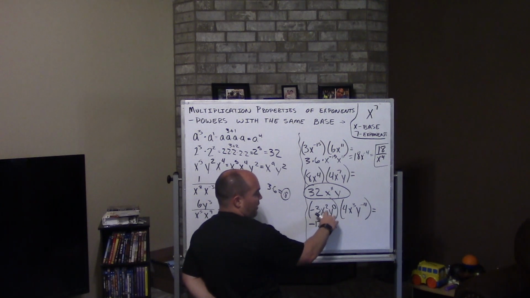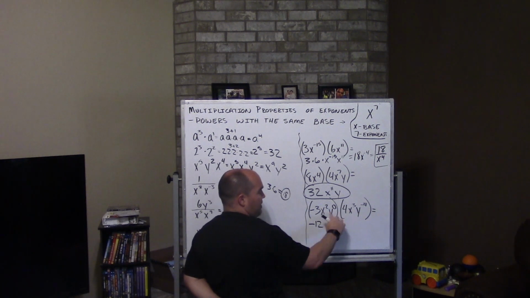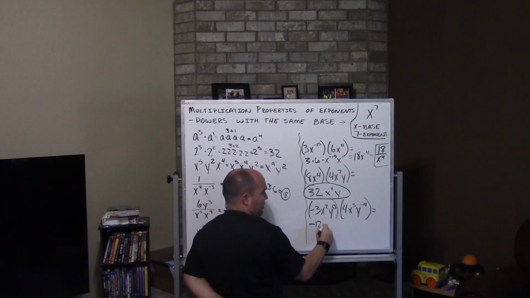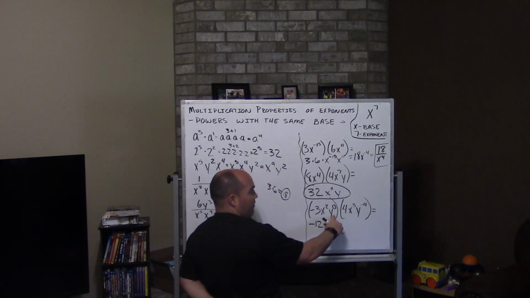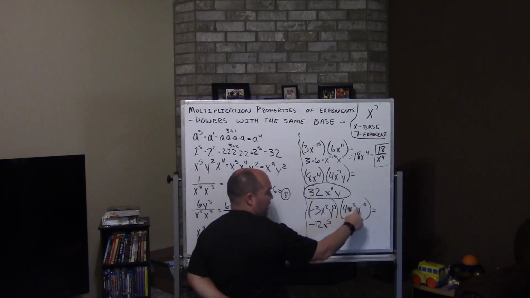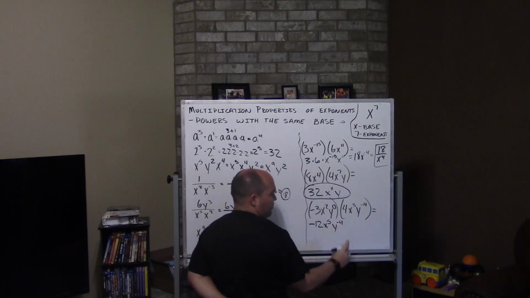Now, x squared, x cubed, so x squared times x cubed. My rule is if they have the same base, I'm going to add the 2 and the 3, so that is x to the 5th. I have my y to the 0, y to the negative 4th. Well, 0 and negative 4 make negative 4, so that's y to the negative 4th.